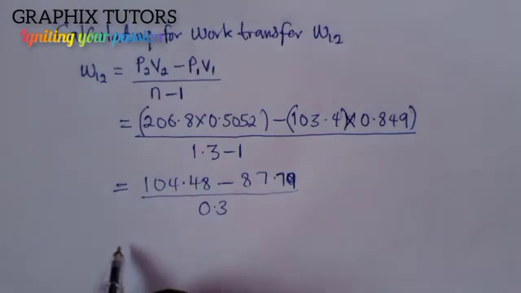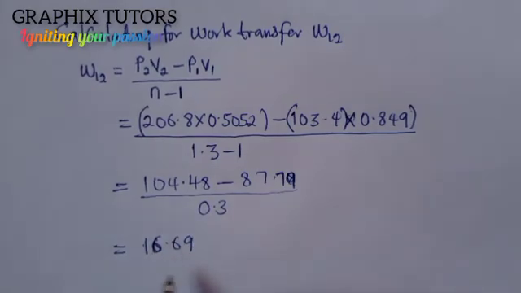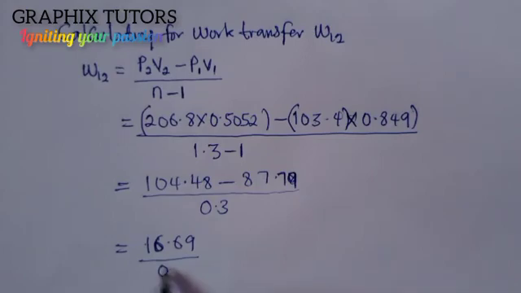So from here, this is going to give us 104.48 minus 87.79, which is 16.69, all divided by 0.3.